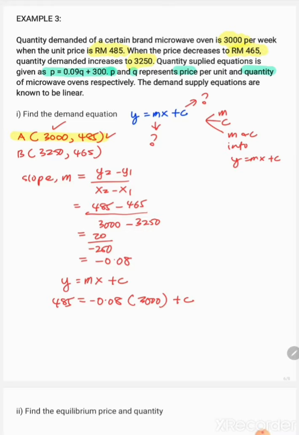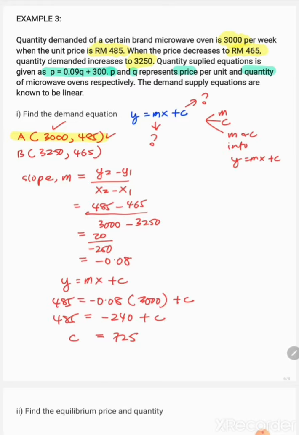So 485 equals negative 240 plus c. Therefore, the value of c is 485 plus 240, which is 725.